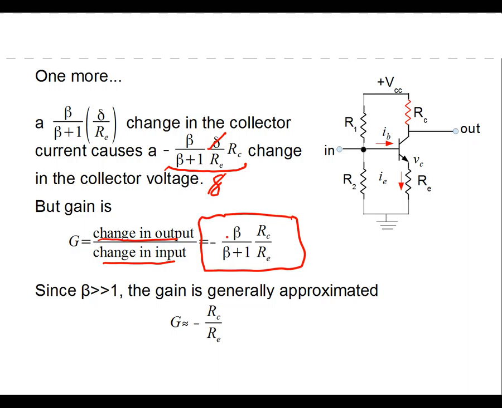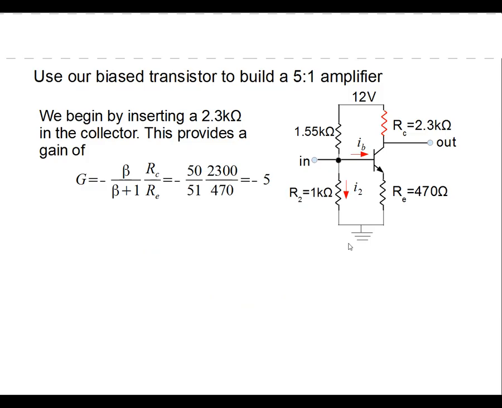So the gain is negative, approximately 1, times the ratio of RC to RE. And this is generally how we express the gain. So the gain of this amplifier, indeed we have an amplifier, is just simply determined by the values of the emitter resistor and the collector resistor, which is surprisingly simple.